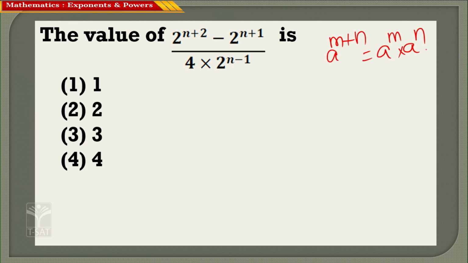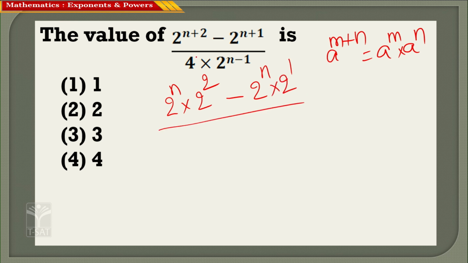Now 2 power n plus 2 can be written as 2 power n into 2 square, minus again 2 power n plus 1 is 2 power n into 2 power 1, by 4 means we know that it is 2 square into 2 power n minus 1 is what? 2 power n by 2 power 1. Now this is what we obtained. Now what we can do here, 2 power 1, here 2 power 2. So here it can be cancelled one time.